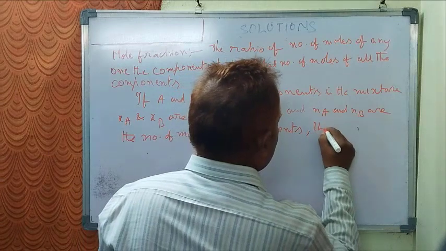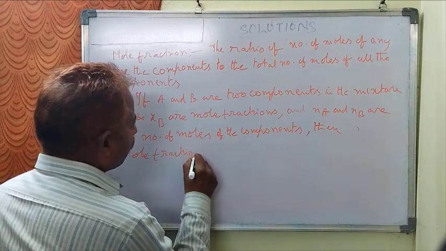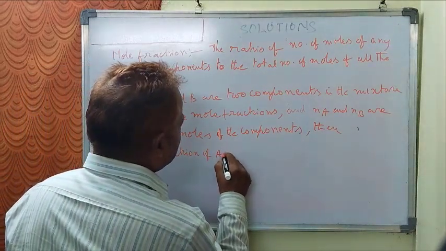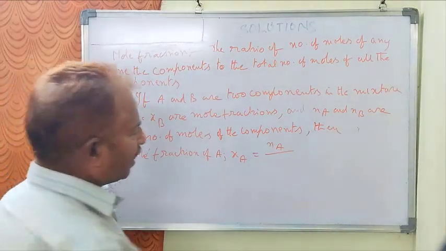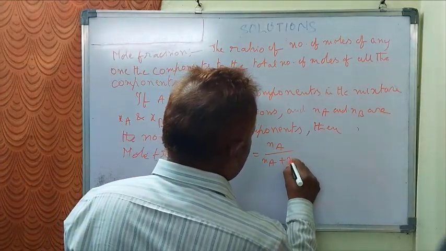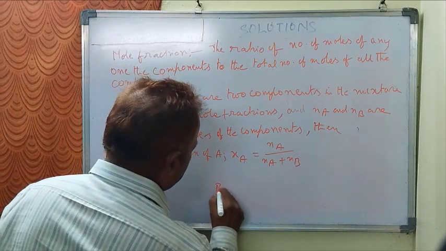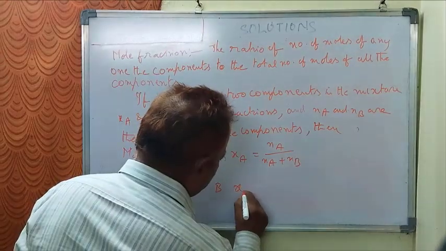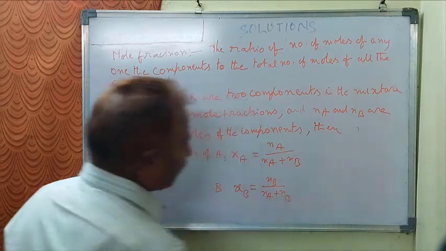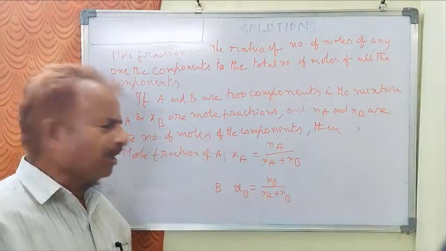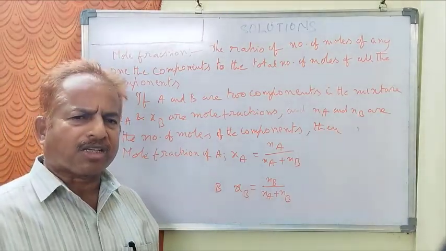Then the mole fraction of A, XA, equals NA, the number of moles of component A, by the number of moles of component A plus the number of moles of component B. So this is the mole fraction of component A. In the same manner, the mole fraction of component B, XB, equals NB by NA plus NB. If we add these two, we get 1. That is, the sum of the mole fractions of all the components in a mixture is 1.